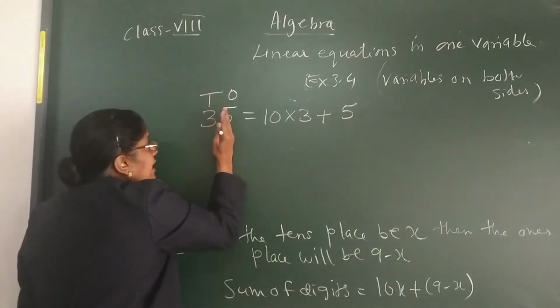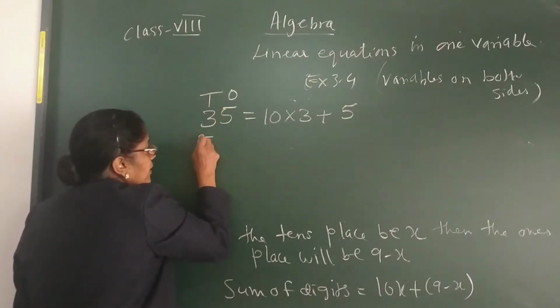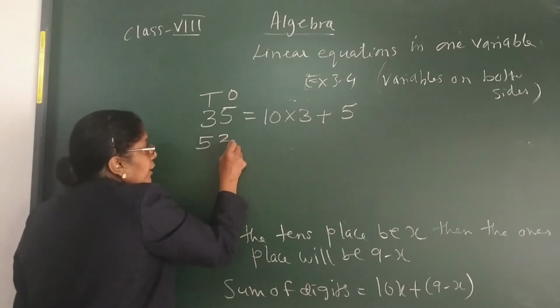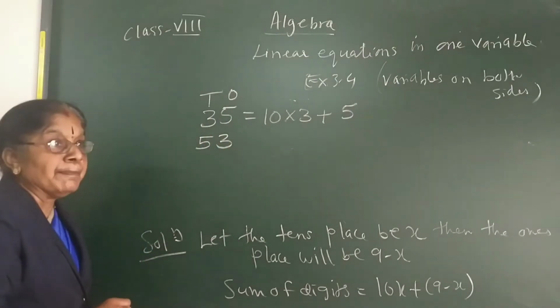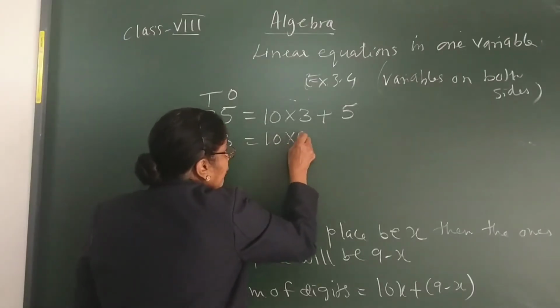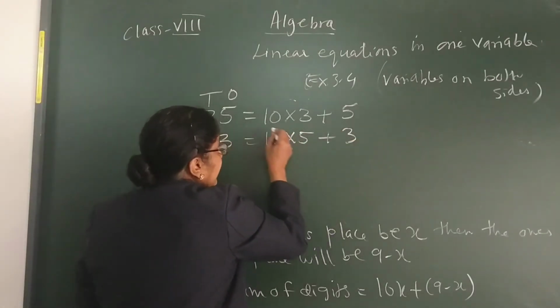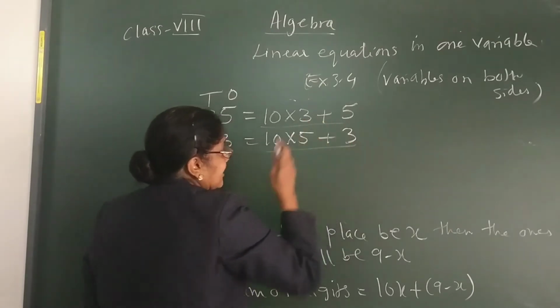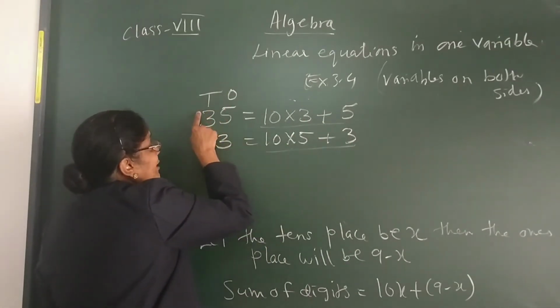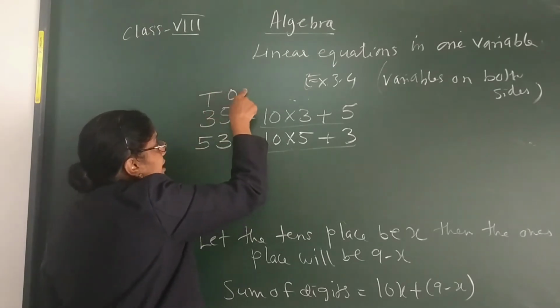What is there in ones place, I am going to shift it to the tens place. What is there in tens place, I am going to shift it to the ones place. So the number became 53. So this I can write as 10 into 5 plus 3. This is a way of writing in expanded form.